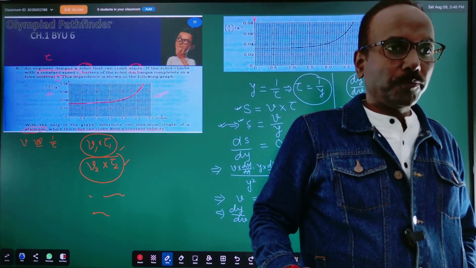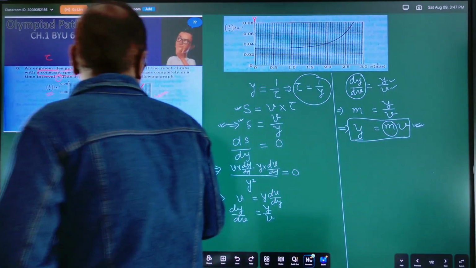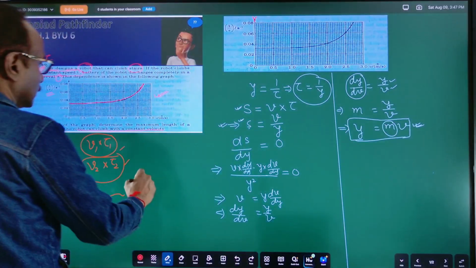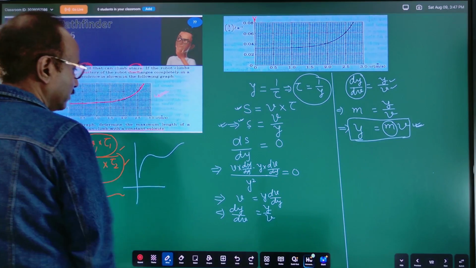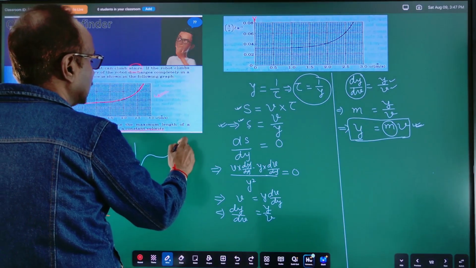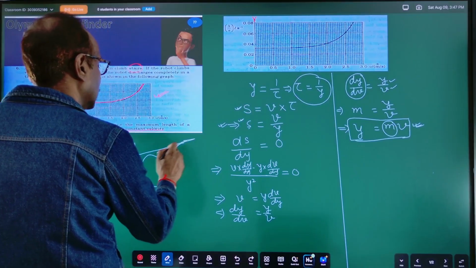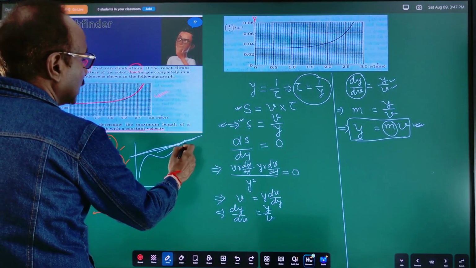Also, you know that on any curve, the slope at any point is the tangent at that point, meaning the line which just touches the curve at that point.